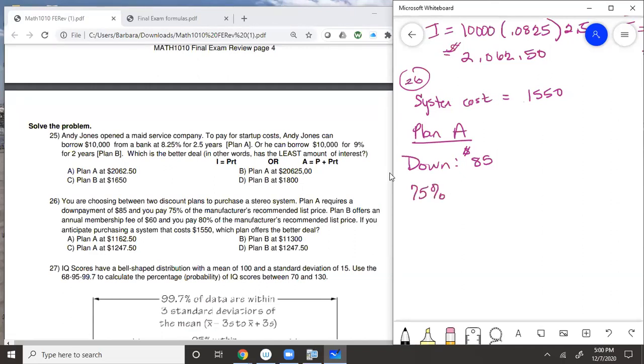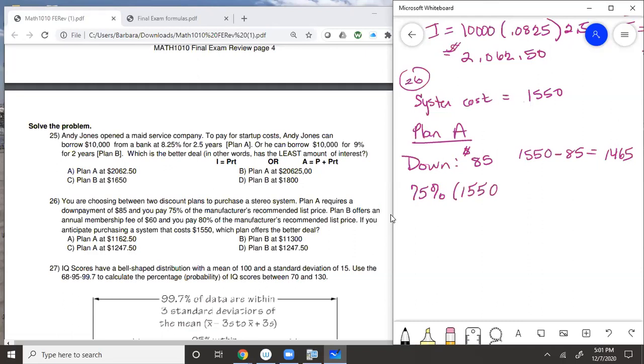So after we put the $85 down, 1,550 minus 85 is what? 1465. So that's 1465. Okay, so now 75% of the manufacturer's recommended list price is 1098.75.